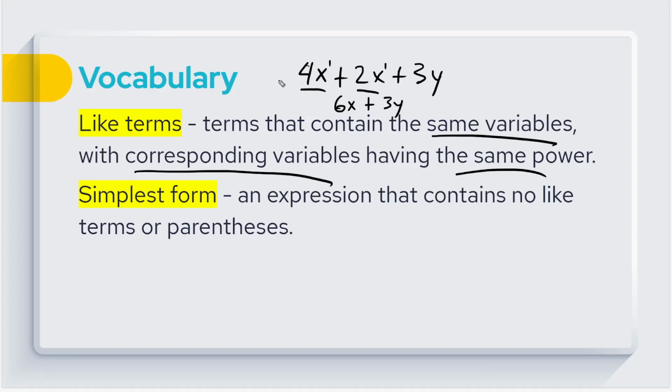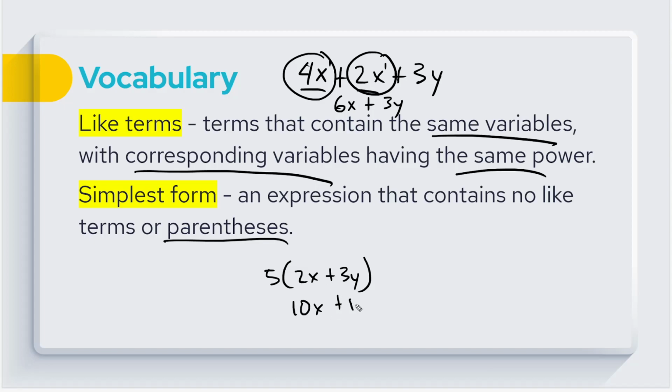Simplest form is an expression that contains no like terms or parentheses. So 5 times (2x plus 3y). Well, this has parentheses, right? So 10x plus 15y. This is now simplified because x and y are not the same variable, so you cannot combine these. Yay!